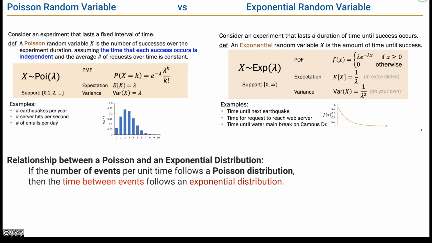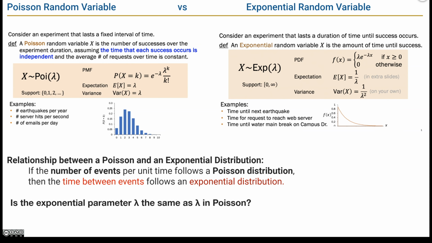So in particular, if your number of events per unit time follows a Poisson distribution, which means the time that each success occurs is independent, and the average number of, in this case, we have requests, but it should say successes over time is constant, then the time between events will follow an exponential distribution.